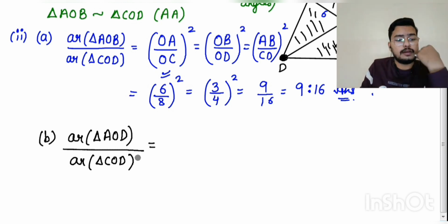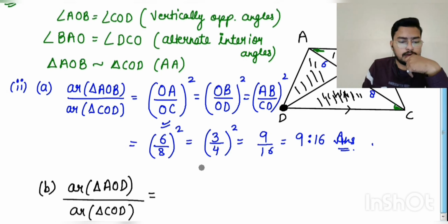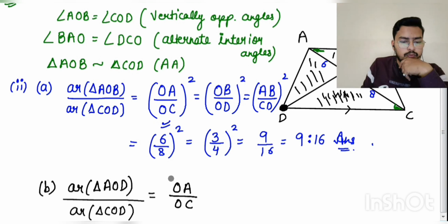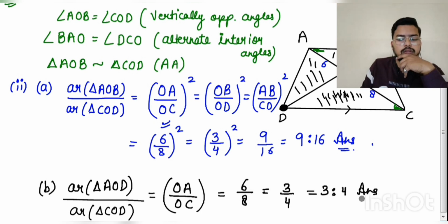At that time we can clearly see that the two triangles have the same vertex D and lie on the same base, OA and OC. So we can say that this area ratio must be equal to OA upon OC, the same ratio as their bases. OA is 6, and OC is 8. So this is 3 by 4. So their ratio is 3 ratio 4. That is your answer. Okay.